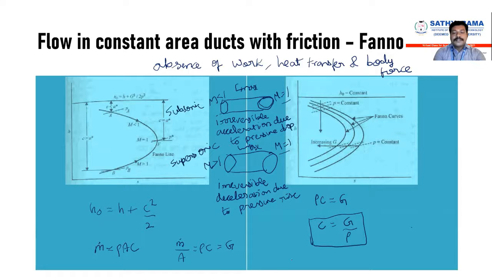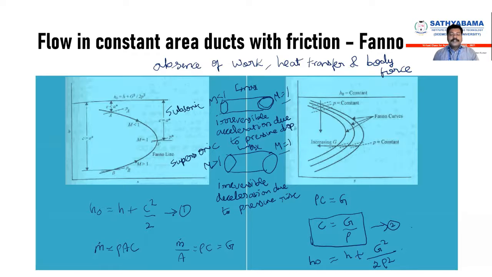On substituting this value in equation 1, what do we have? Our total enthalpy becomes H plus G square by 2 rho square.